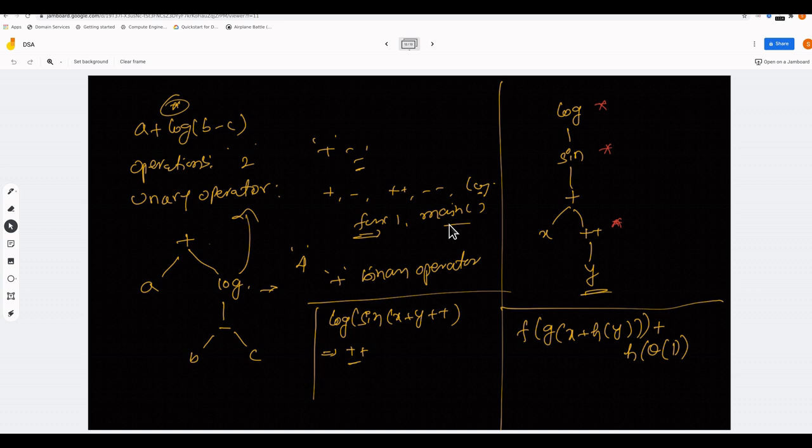So how many operators are there? I know some operators are repeating, but you can count them, they're not distinguishable because there are two pluses at least, right? So how many operators are there?